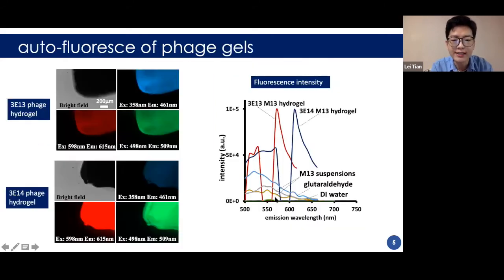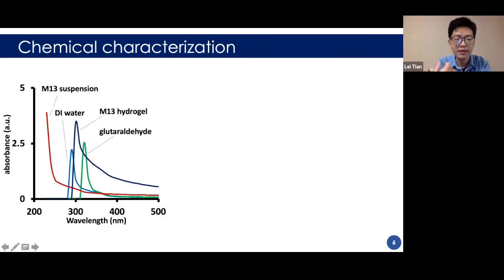A very interesting property we observed was autofluorescence. The phage solution and glutaraldehyde themselves are not fluorescent, but the hydrogels made of these two components showed autofluorescence at different excitation wavelengths. We hypothesize this property is the result of the cross-linking reaction. The UV spectrum showed distinct peaks for the hydrogels, which are not present in the phage solution.